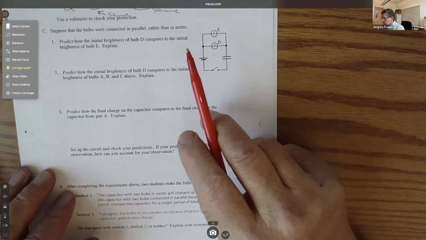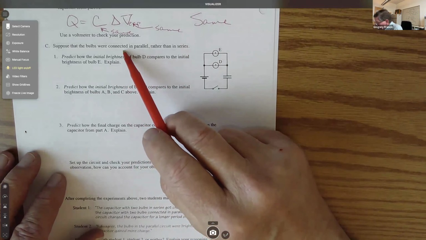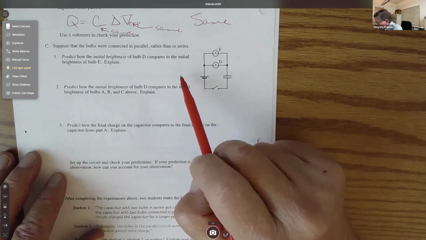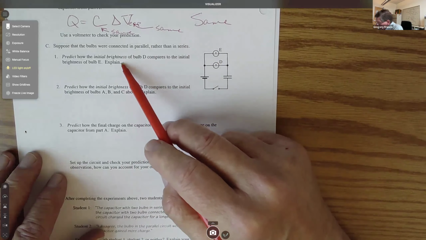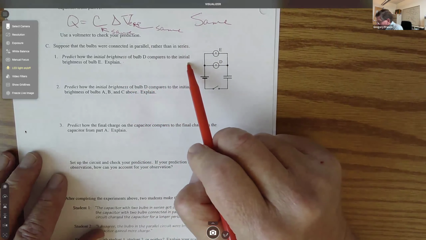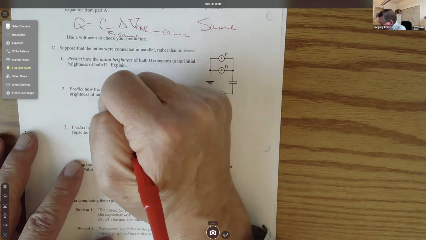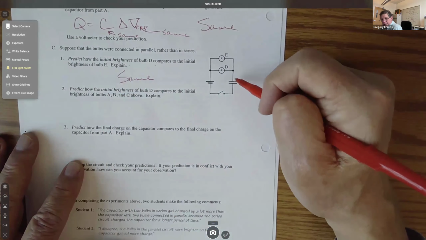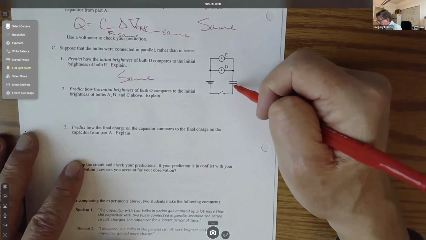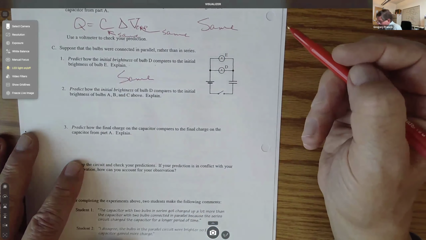Now, suppose instead that the bulbs were connected in parallel rather than in series. Predict how the initial brightness of bulb D compares to the initial brightness of bulb E. Well, they have to be the same. Again, if I think of that empty capacitor as a wire, we've seen that circuit before.